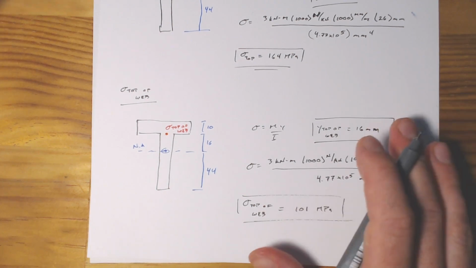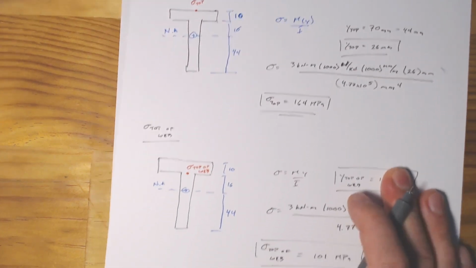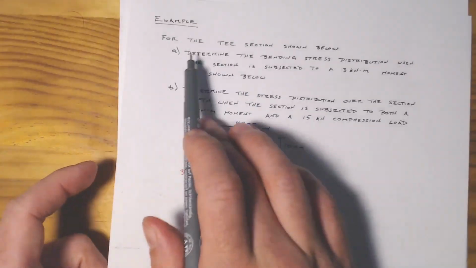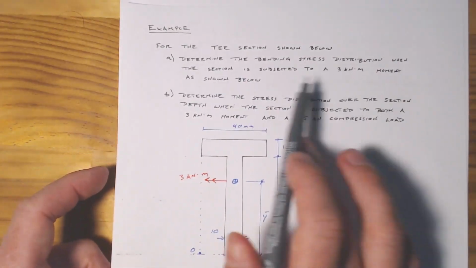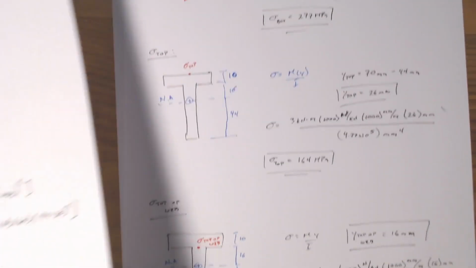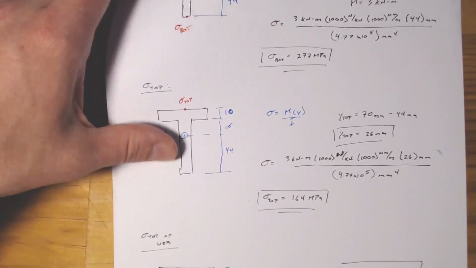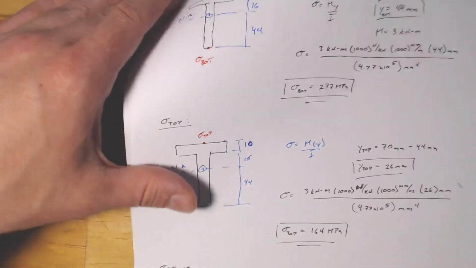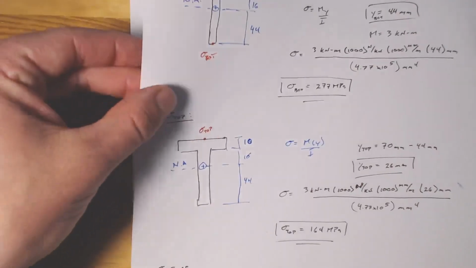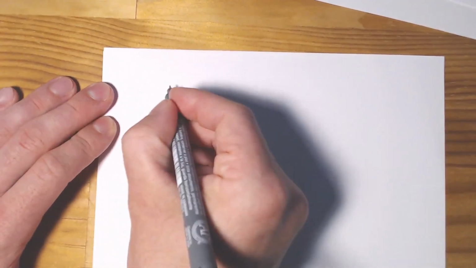Now, the next thing, so we've worked out our stress at key locations, but what the question's asking for is to determine the bending stress distribution. So we can take this and we can plot it up for an entire section. So if we just get ourselves onto a clean sheet of paper here, and we'll go ahead and draw up our cross section.